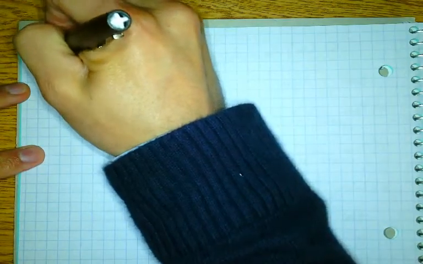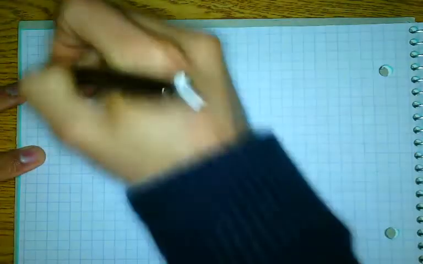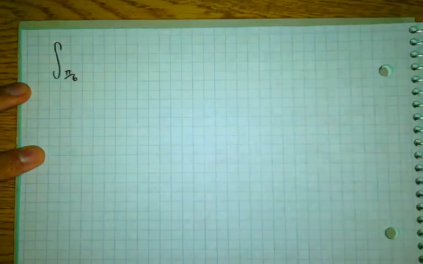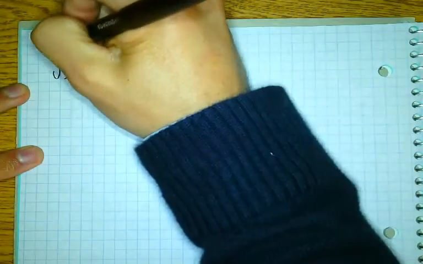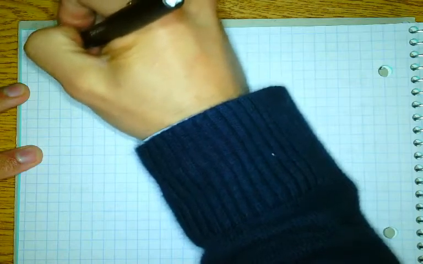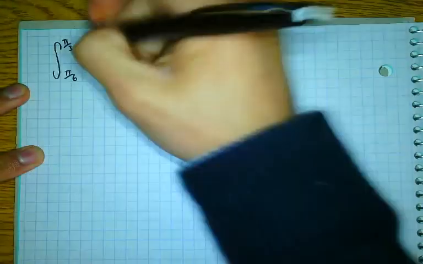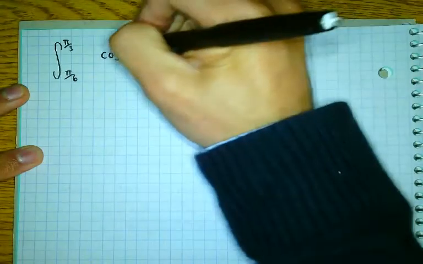So I'm going to let you try this on your own. We're going to do a definite integral to make sure that we don't forget how to use our fundamental theorem of calculus. So we're going to do a definite integral from pi over 6 to pi over 3. And I'm going to throw a curveball your way, see if you guys can handle it.